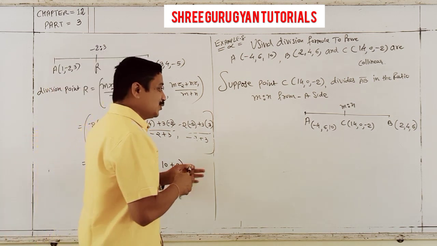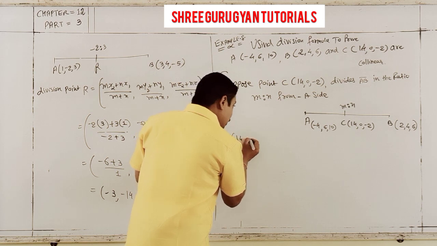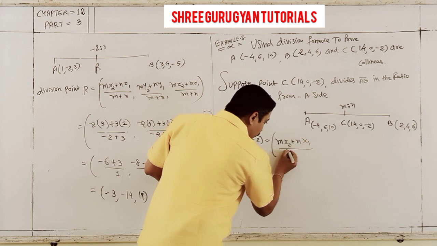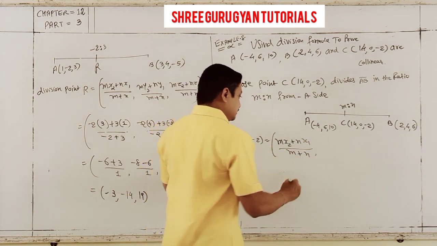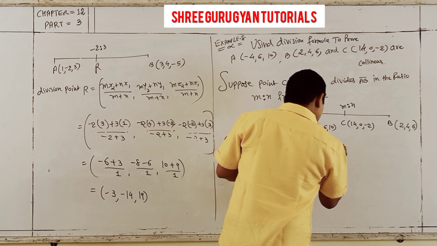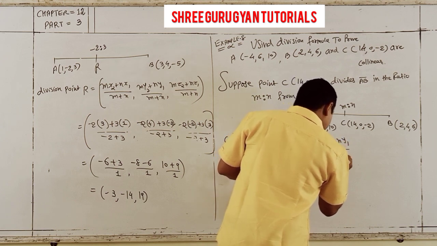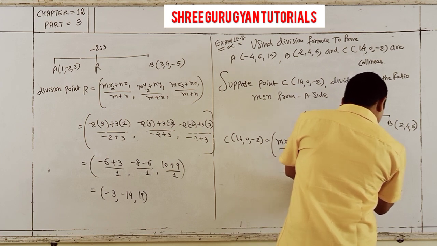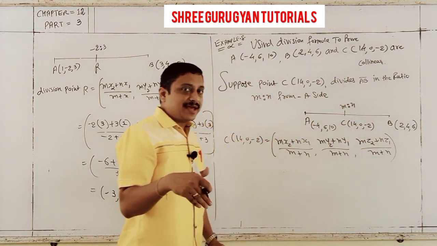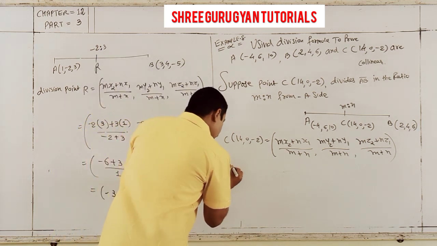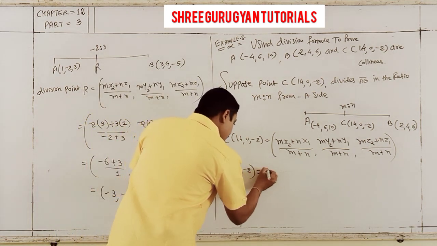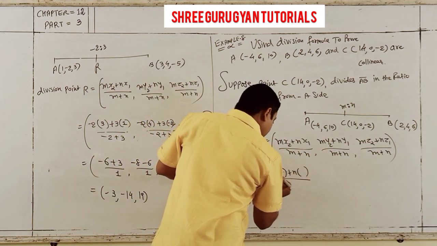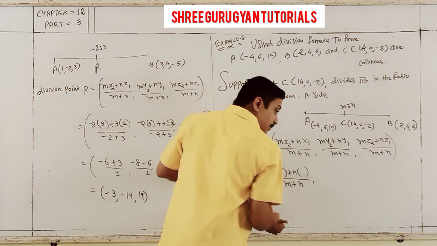So I go to the division point formula: for 14, 0, minus 2, it is (mx2 plus nx1) by m plus n, (my2 plus ny1) by m plus n, and (mz2 plus nz1) by m plus n. Apply the values. So 14, 0, minus 2, where the ratio m:n is unknown.